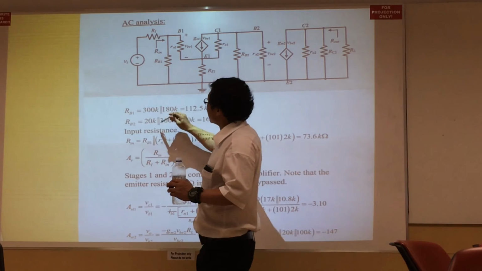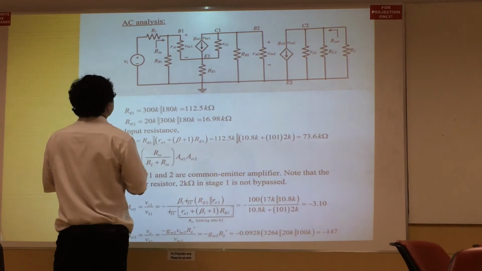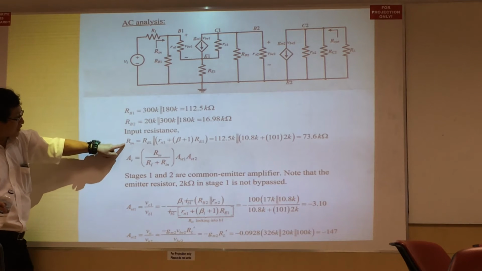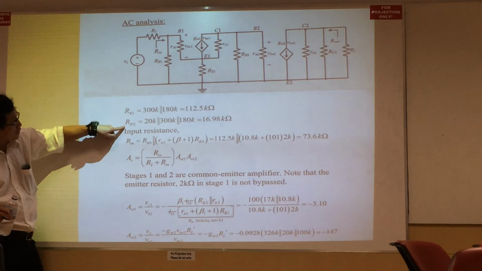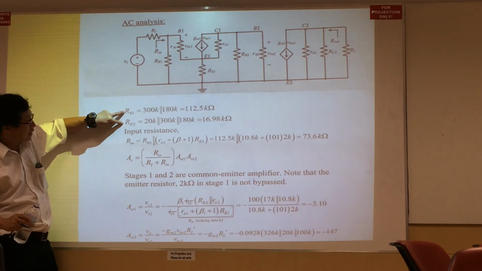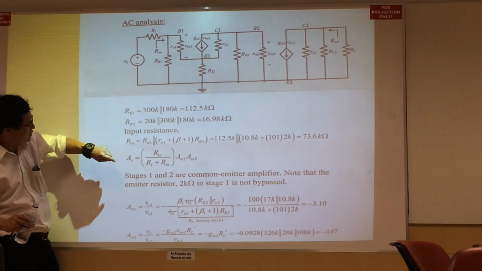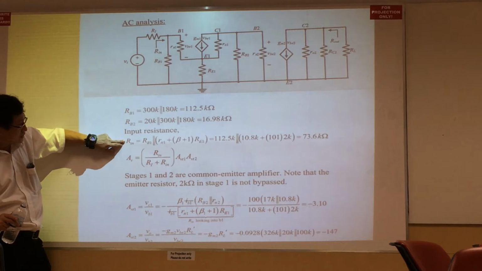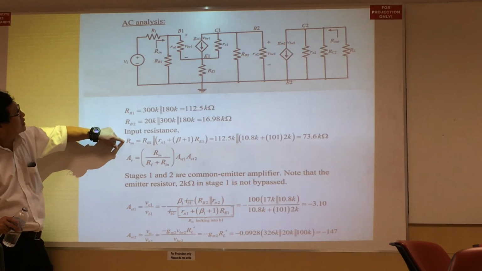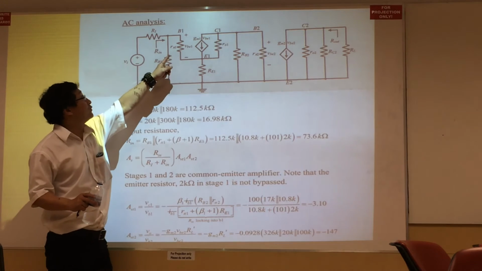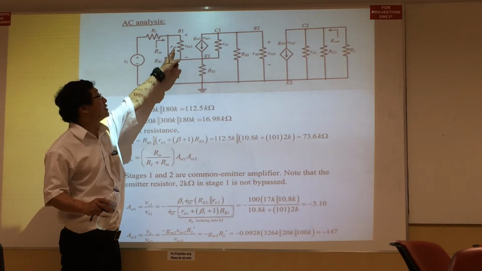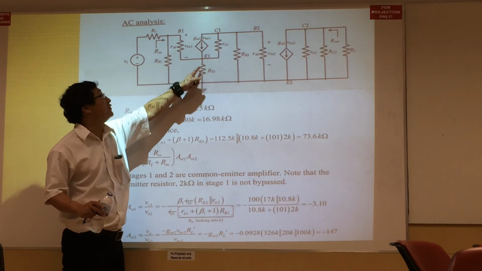Alright, so we are asked to find the input resistance. This is your Thevenin's resistance for your two-stage input, first stage and second stage Thevenin's. To find the input resistance of this entire amplifier, Rin is RB in parallel with Rin prime. Now Rin prime is R pi plus RE referred to the base.